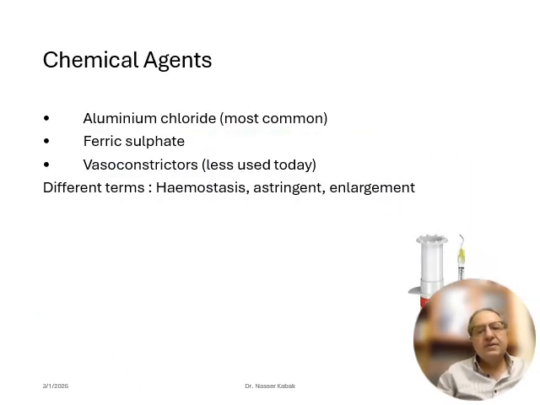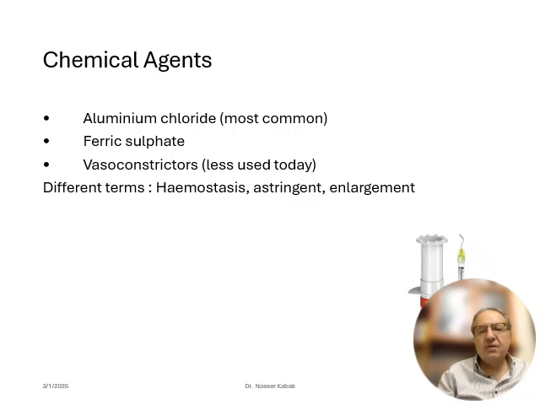Chemical agents can be used also as vasoconstrictors, for example, epinephrine, but it's less used today. There are a few cords, such as Gingi, that are impregnated with vasoconstrictors, but it's preferable to use aluminum chloride, since the vasoconstrictors are contraindicated for patients with hypertension.